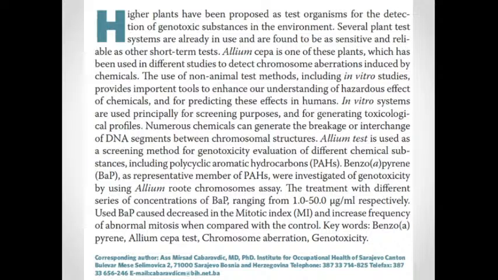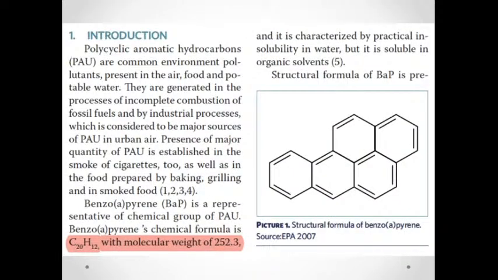It decreased the mitotic index and increased the frequency of abnormal mitosis, as compared to control. You will also learn how a review paper looks like. You have to tell each and everything, and there is a quite nice summary in that part.